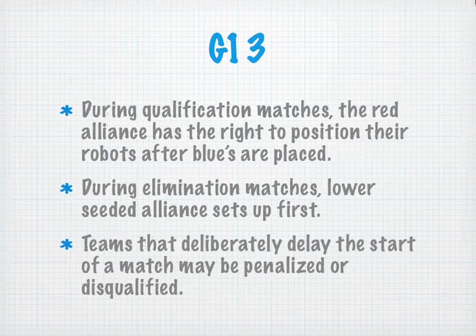Okay, so G13 says that during qualification matches, the red robot has the right to position their robots after blue's robots are placed. What that means is that, playing by the book, you have the blue alliance set up their robots, and then the red robots can set up the position of their robots, possibly in a way that reacts to the way the blue robots were placed.